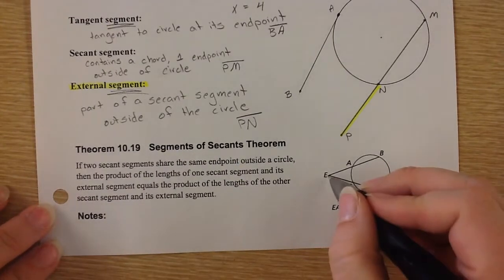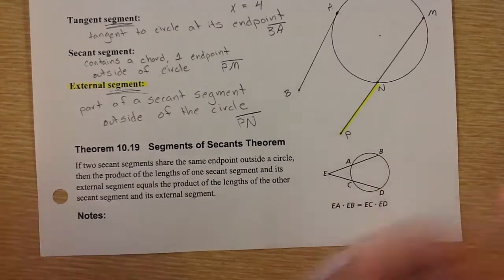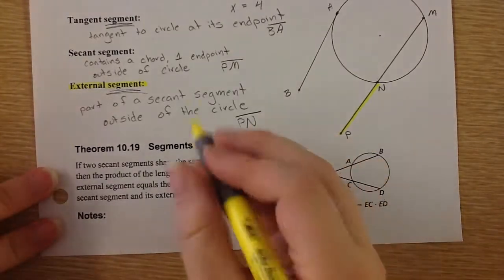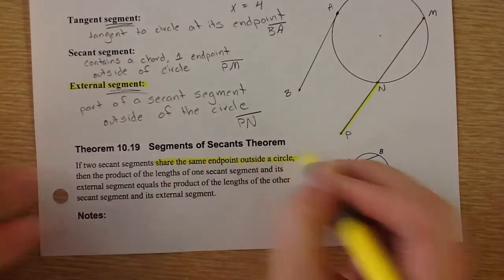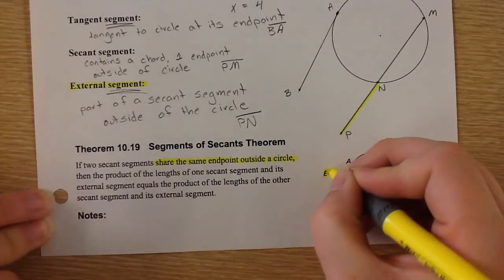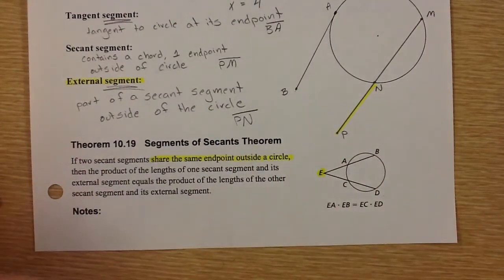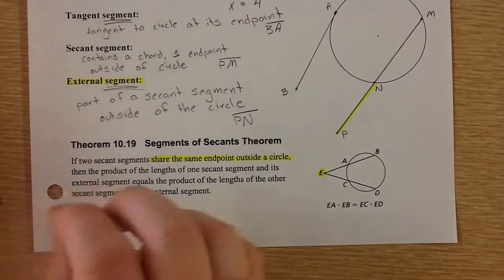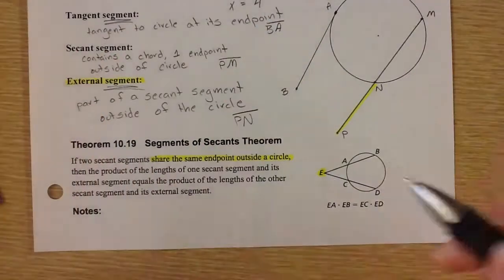So if I have two secant segments, here EB and here ED, and they share the same endpoint outside the circle, here point E, then the product of the lengths of one secant segment works like this.